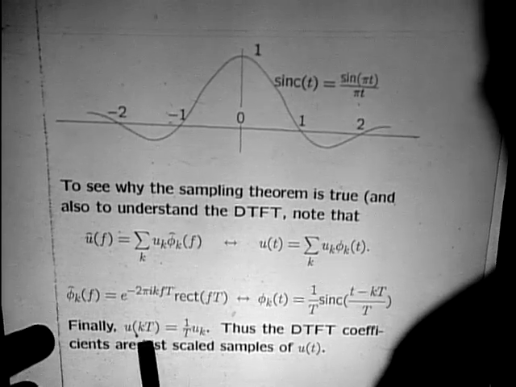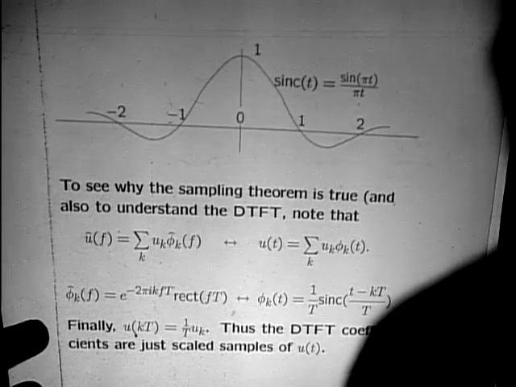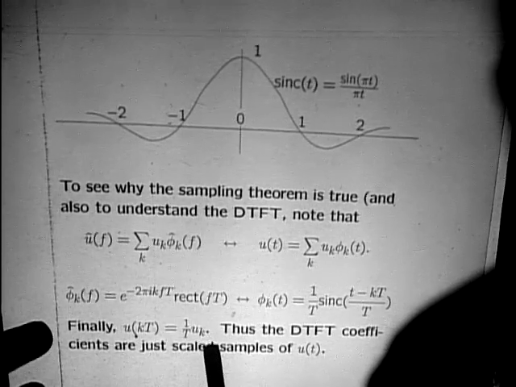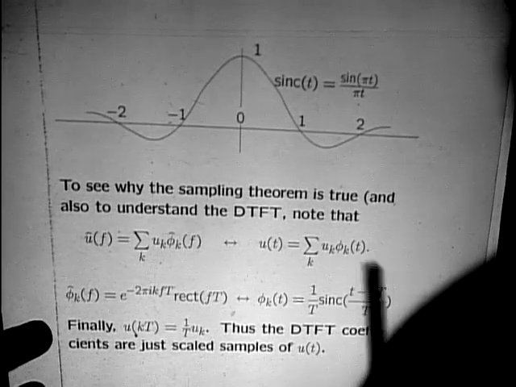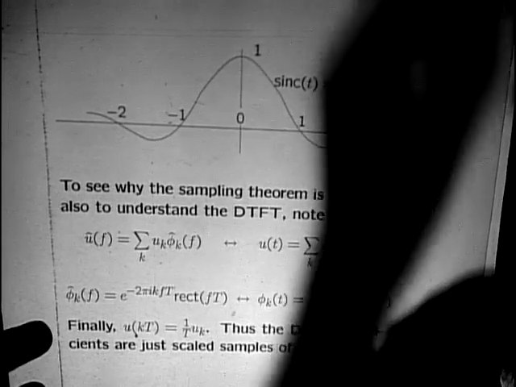Okay, finally, u of kT, if I look at this, is just 1 over T times u_k, because these functions here are these sinc functions, which are 0 everywhere but on their own point.